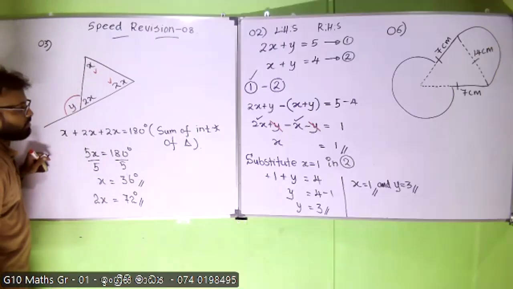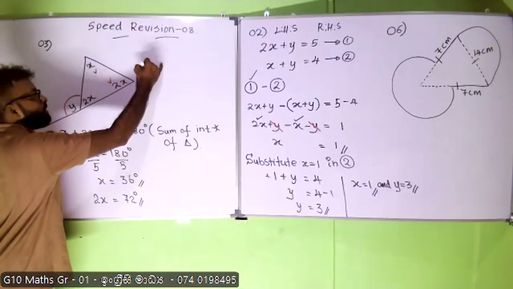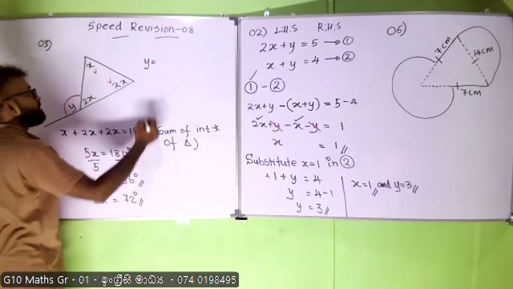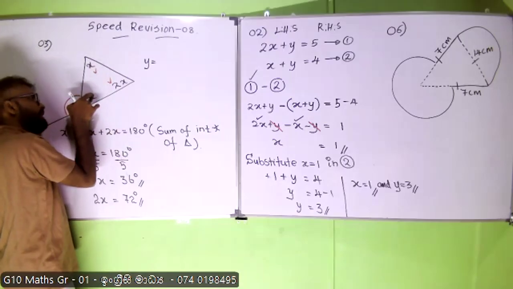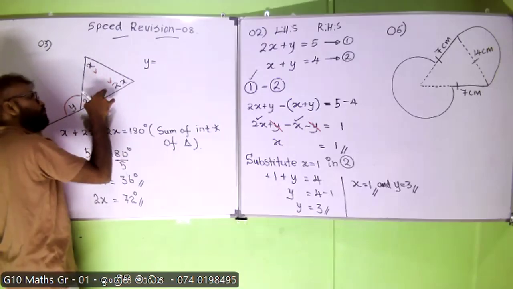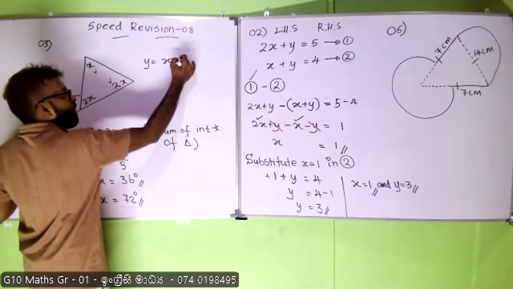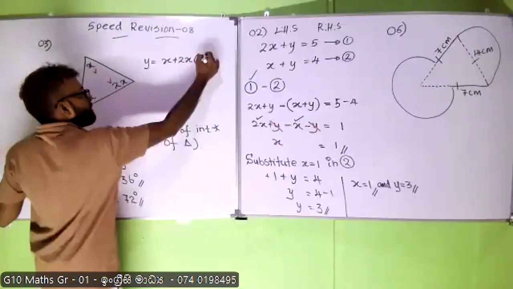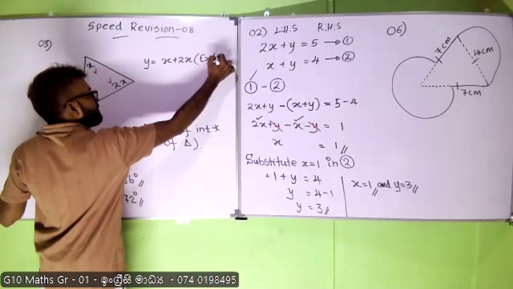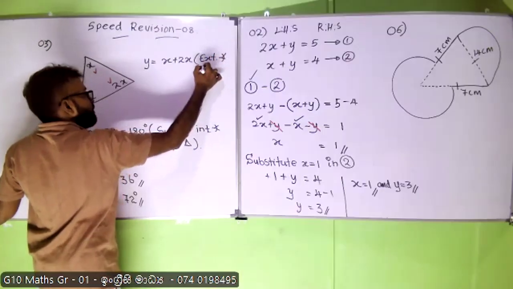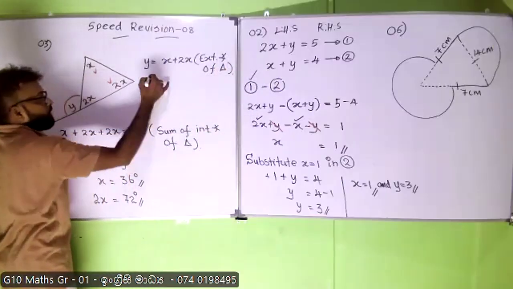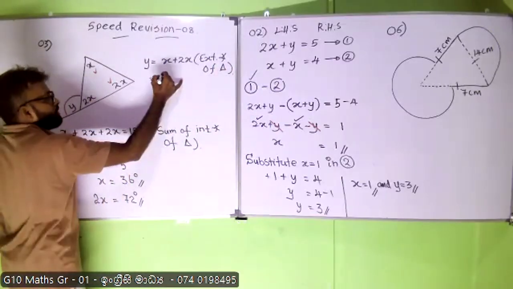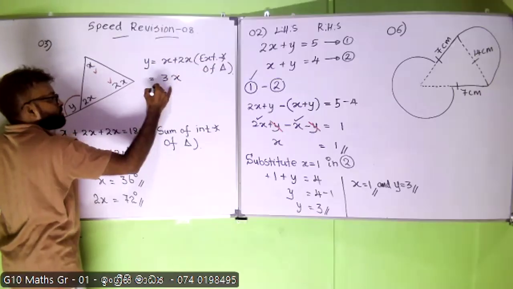Then y. You can write y in a way. y equals the summation of the two opposite interior angles, x plus 2x. Right, the reason is the exterior angle theorem of a triangle. x plus 2x means 3x.